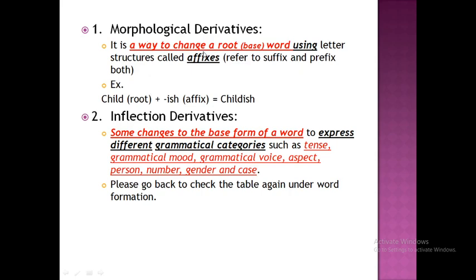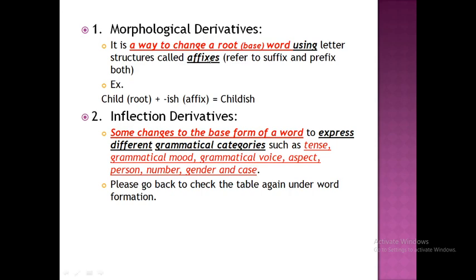The first one is morphological derivatives. It is a way to change a root word using letter structures called affixes. We have already gone through what affixes are, because I explained this in my previous video. Affixes refers to the suffix and prefix both at the same time. Means suffixes are affixes, prefixes are affixes. Is it clear?